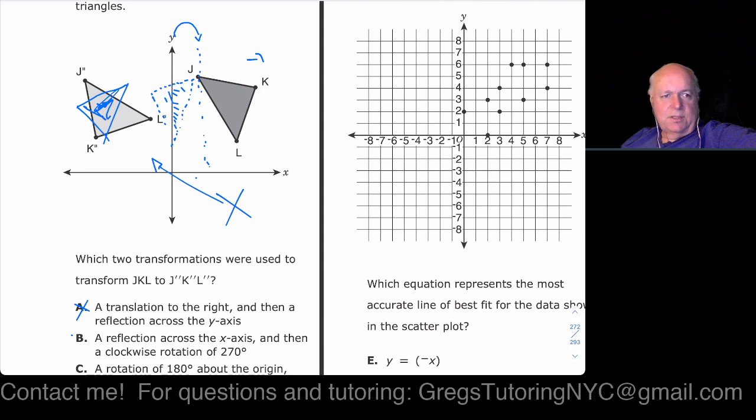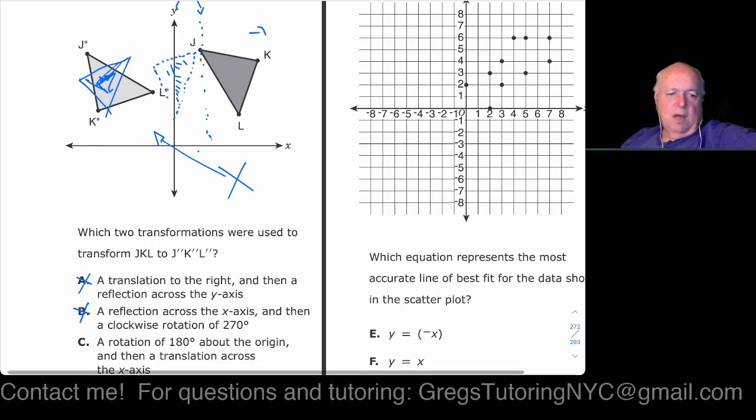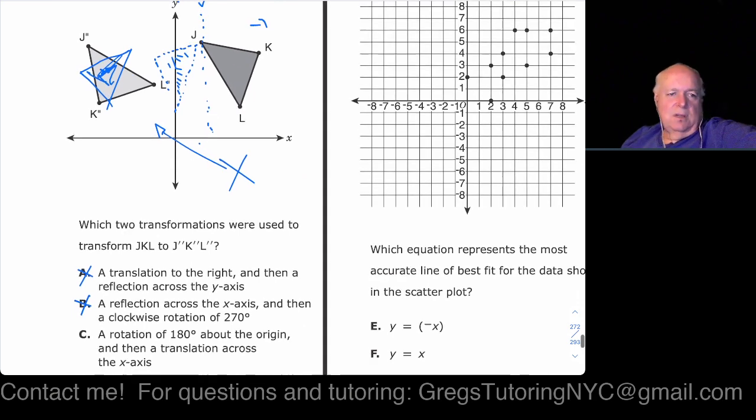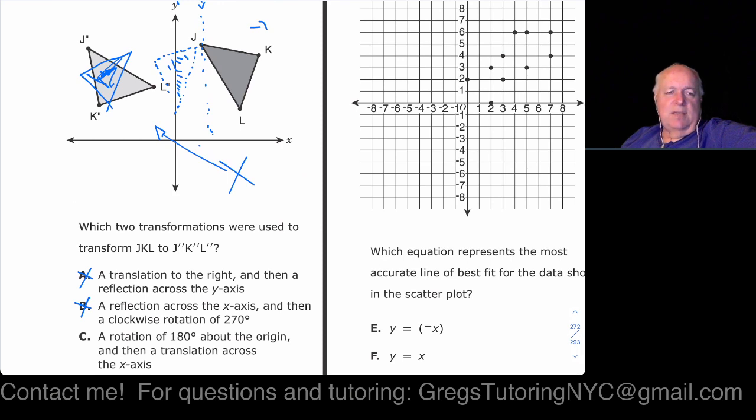Okay. C says it's a rotation of 180 degrees about the origin, and then a translation across the x-axis. Man, that's heavy. So this one gets hard to visualize.